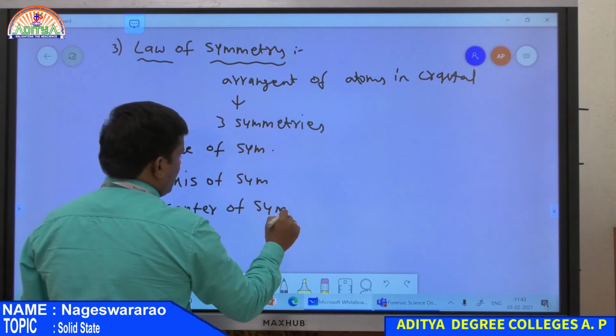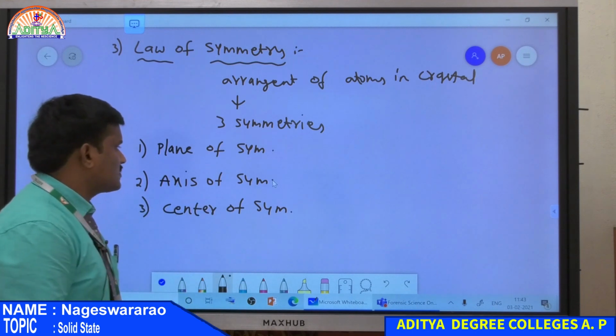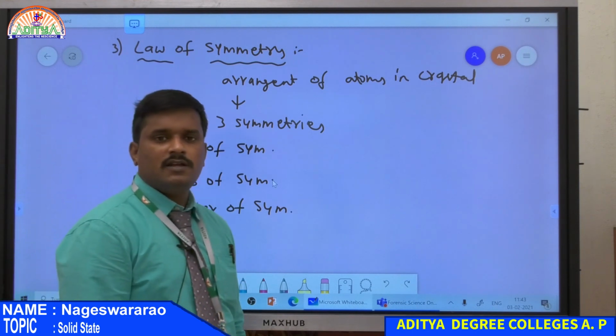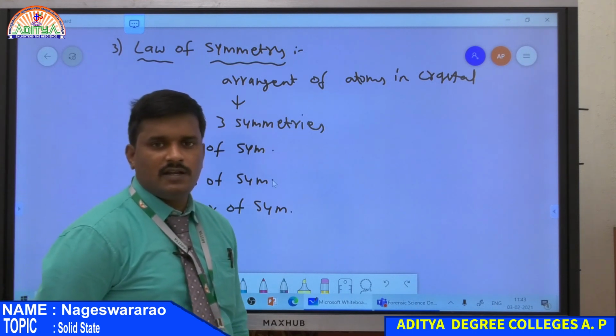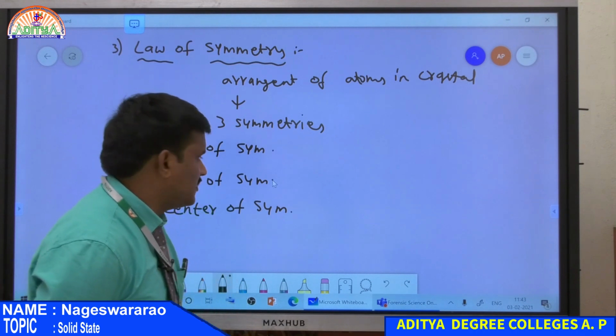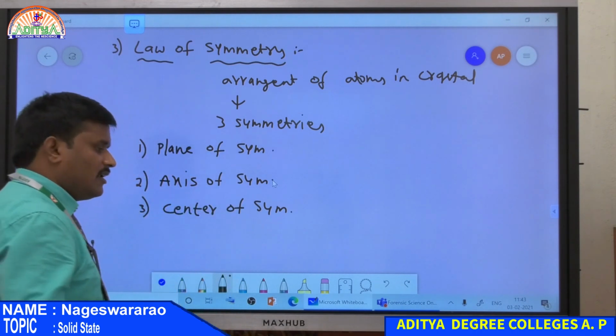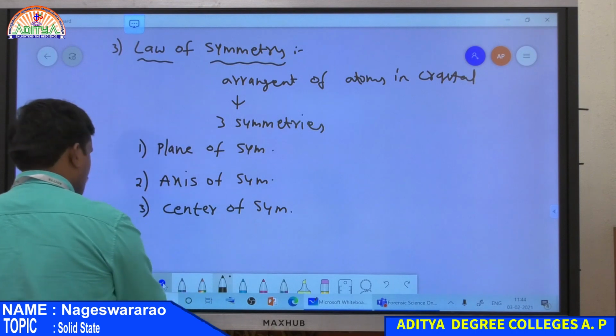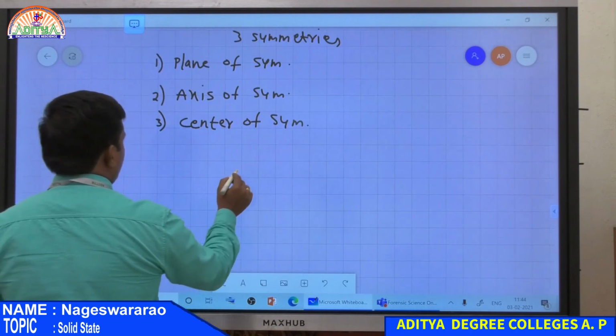So every crystal has three types of symmetries. Now, what is a plane of symmetry? So first heading, plane of symmetry.